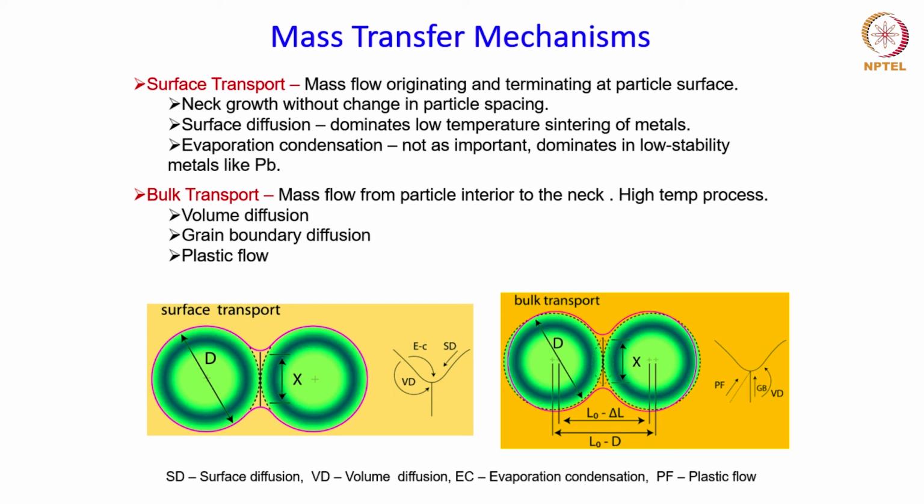The bulk transport mechanisms, on the other hand, lead to shrinkage, and therefore they are the densifying mechanisms. And this can be seen from these two diagrams also: the flow path for the surface transport processes and the flow path for the bulk transport processes, and also the sintering that these bulk mechanisms lead to. Okay.